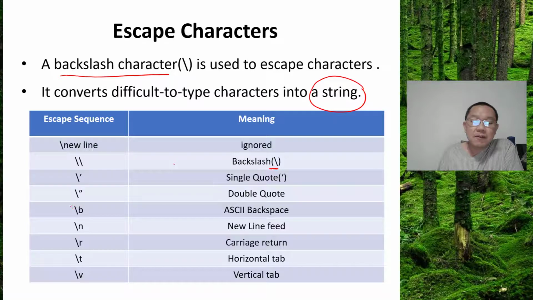Backslash and B for backspace, backslash and N for new line, backslash and R for carriage return, backslash and T for horizontal tab, backslash and V for vertical tab. You can try this in your practical for the afternoon session by creating a string and adding these escape characters and see what happens as a result on your terminal.